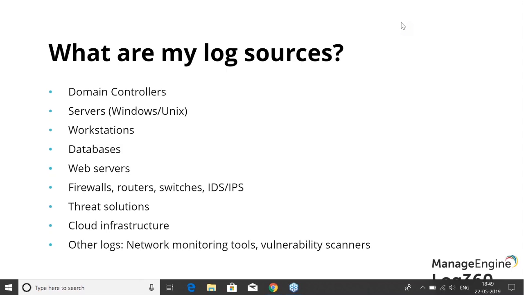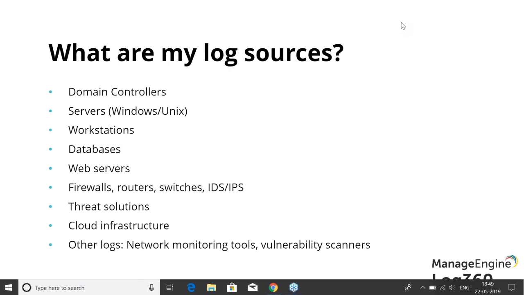So in an ideal situation, you should be able to bring in as much log data as possible from all your different sources into your SIEM solution so that it can apply its analytical techniques on the data. Of course, a lot of you might have constraints, you might have bandwidth related issues, you may have cost related issues.